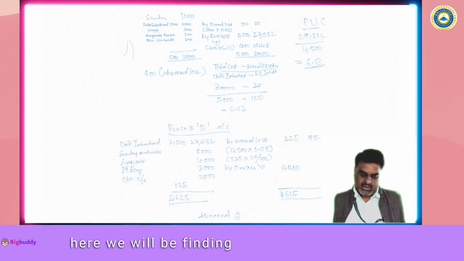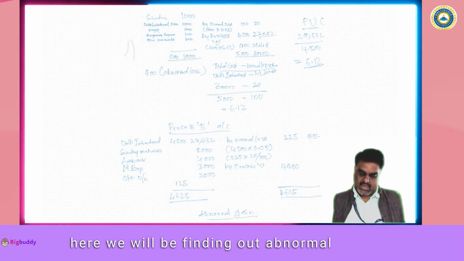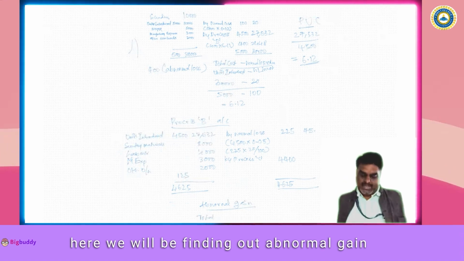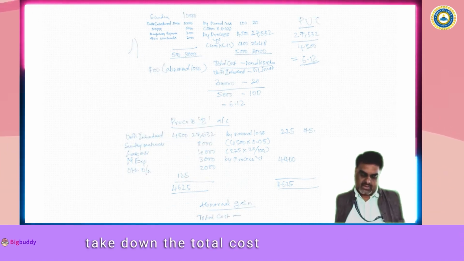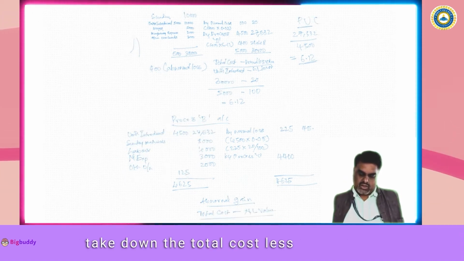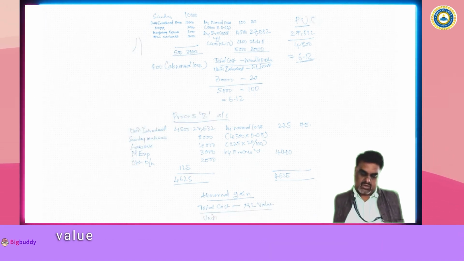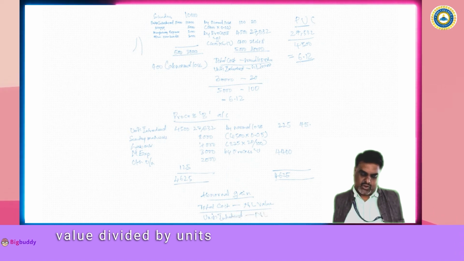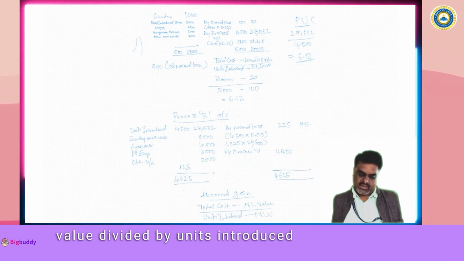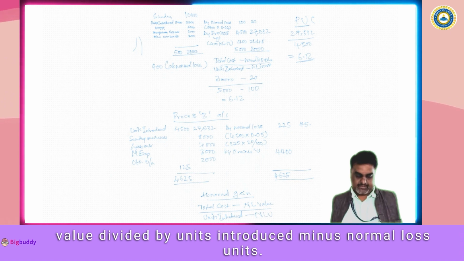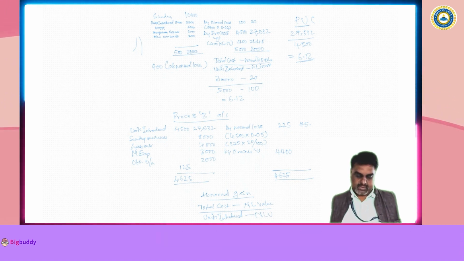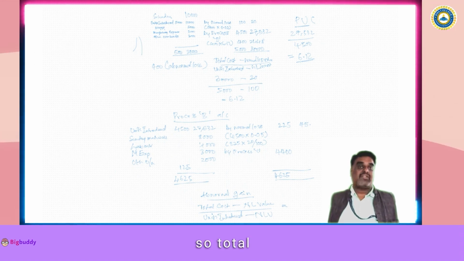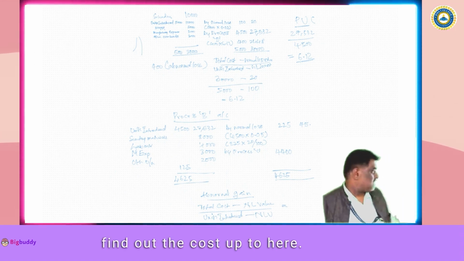Here we will be finding out abnormal gain. Again, take down the total cost plus normal loss in value divided by units introduced minus normal loss units. So total cost, find out the cost up to here.